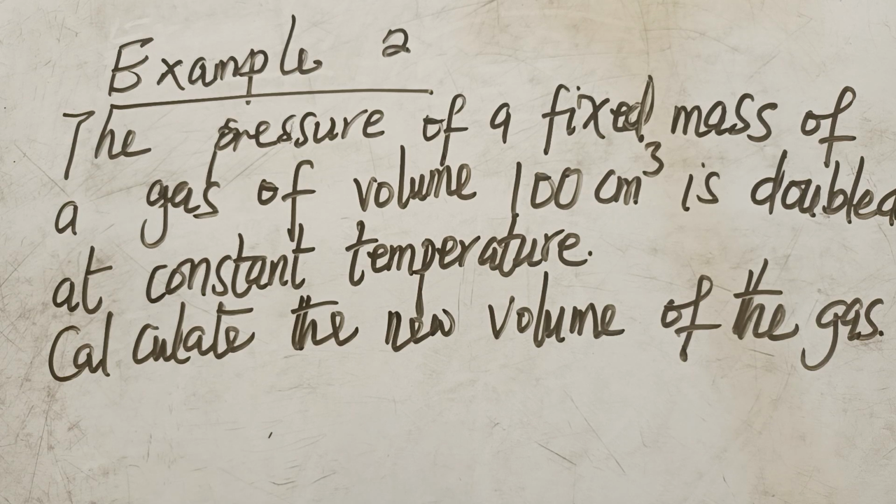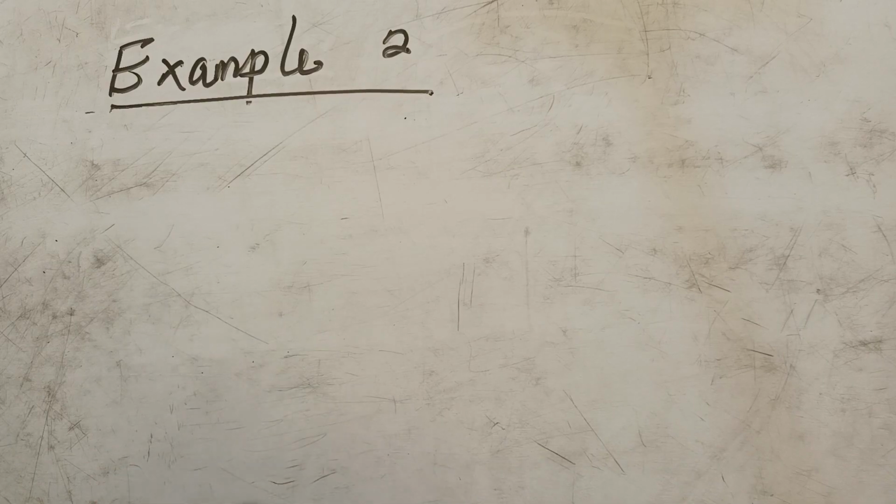Let's continue to example number 2. Example 2 says the pressure of a fixed mass of a gas of volume 100 cm cube is doubled at constant temperature, and we are asked to calculate the new volume of the gas. So let's try that.